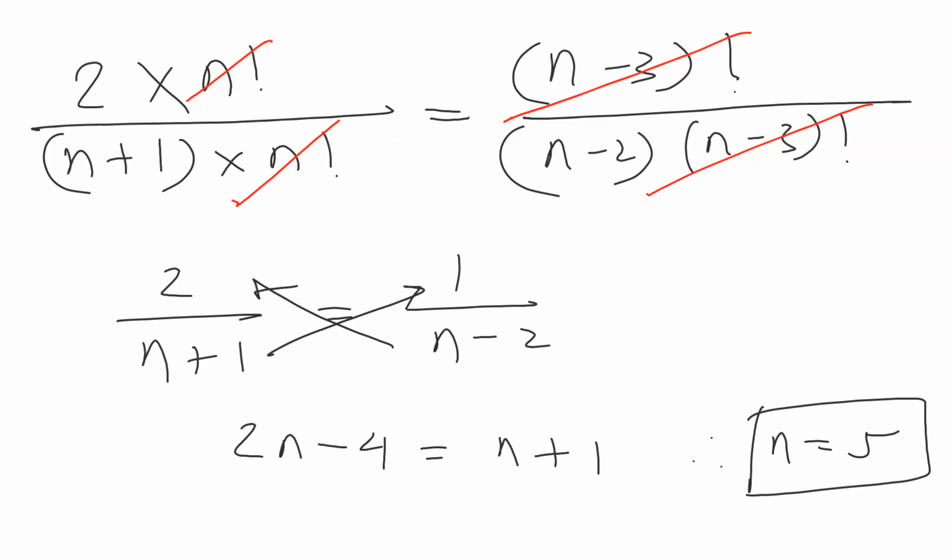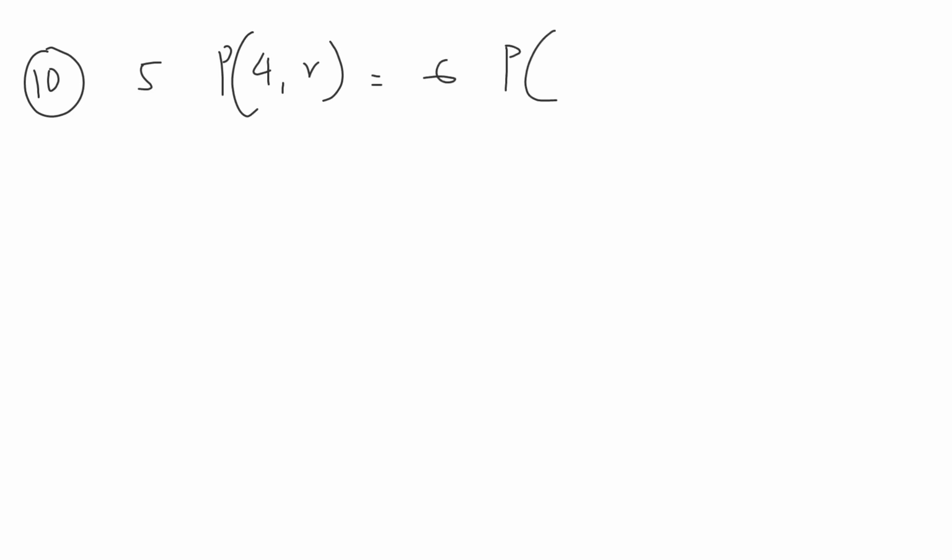Let us solve one problem of the similar category, that is question number 10. 5 into P(4, r) is equal to 6 into P(5, r minus 1).